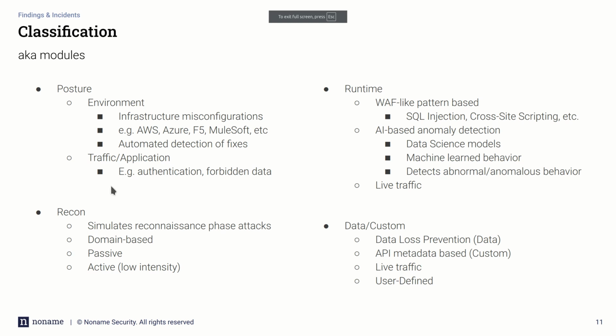The next one, we'll talk about Recon. And again, Recon is fairly recent. We just talked about it last in the previous section. And again, it's a simulation in order to identify vulnerabilities to reconnaissance phase attacks, probes, and so on. They're domain based.